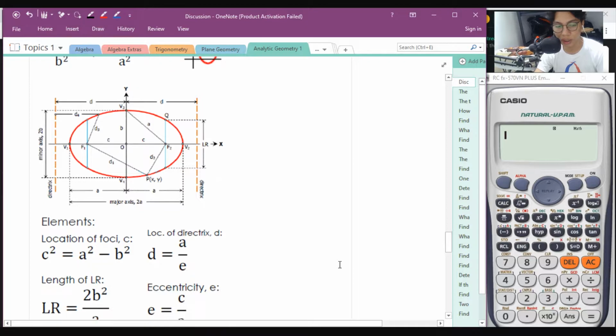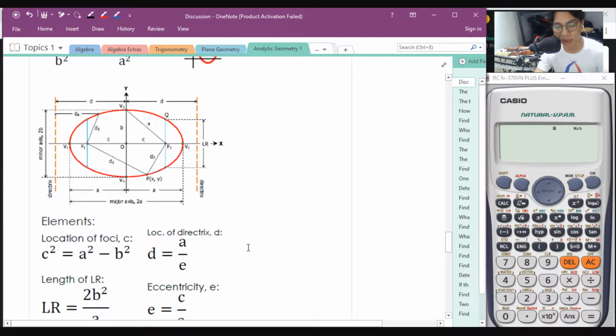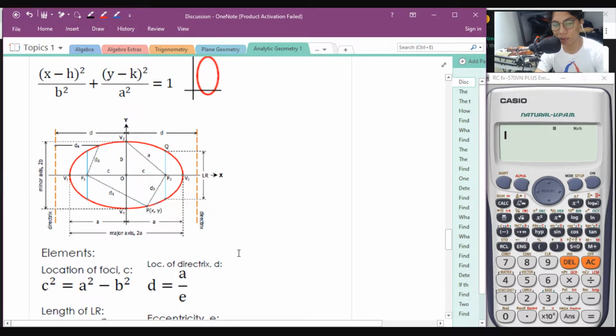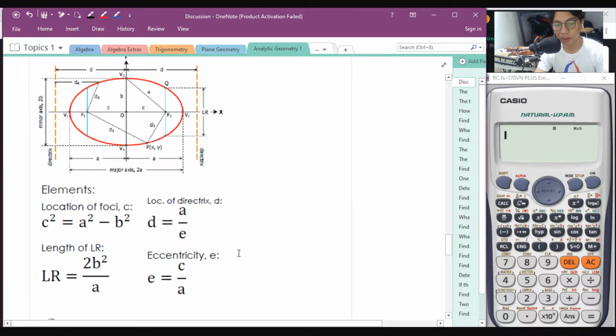For the elements, in order to locate the foci, c squared is equal to a squared plus b squared. The directrices are two imaginary lines drawn with respect to the minor axis of the ellipse. D is equal to a over e, the eccentricity.